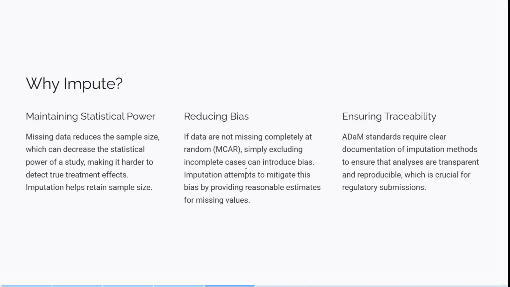Imputation also helps in reducing bias. If data are not missing completely at random, simply excluding incomplete cases can introduce bias. Imputation attempts to mitigate this bias by providing reasonable estimates for missing values. ADaM standards require clear documentation of imputation methods to ensure that analyses are transparent and reproducible, which is crucial for regulatory submissions.